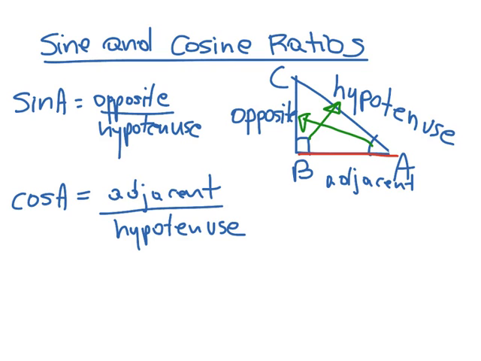And last but not least, we already covered that the tan of an angle is the opposite side divided by the adjacent side.